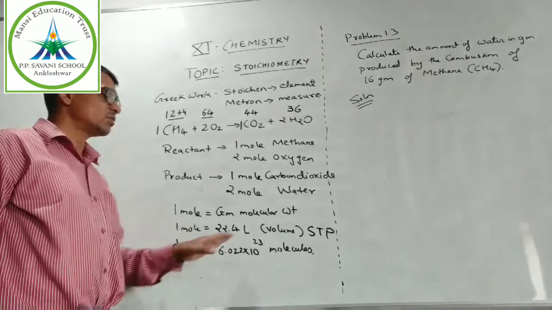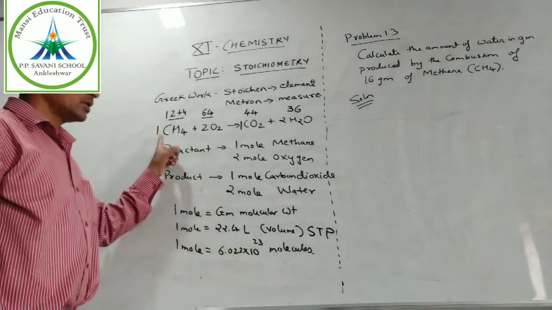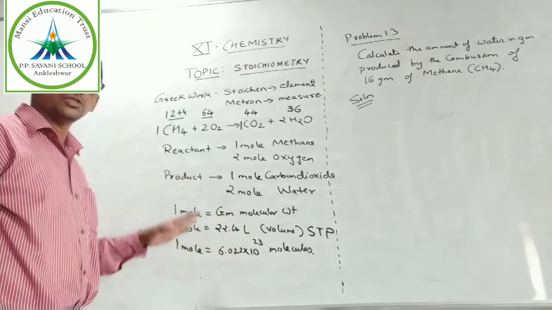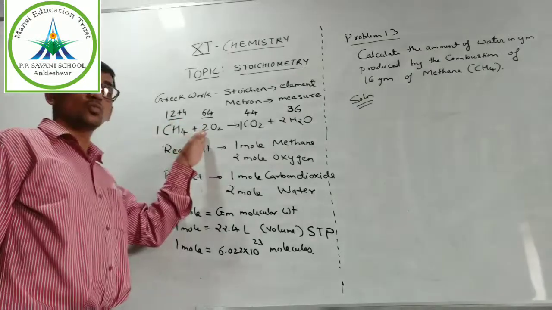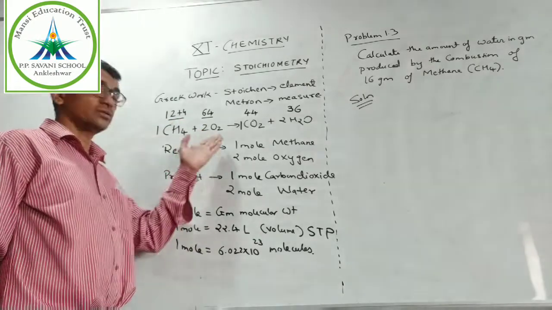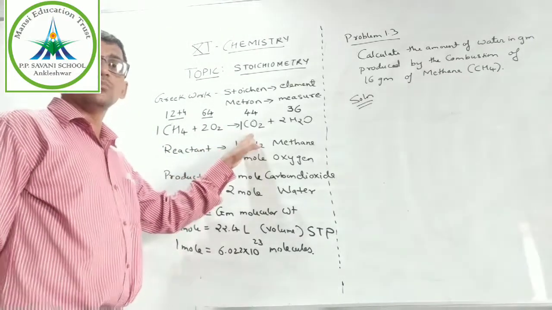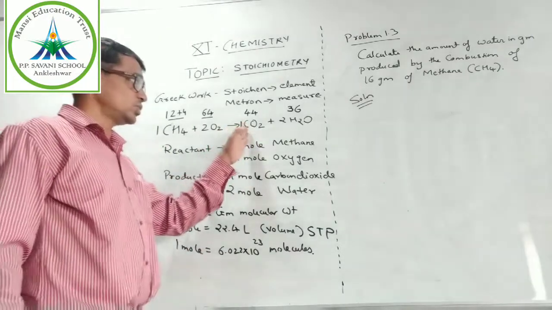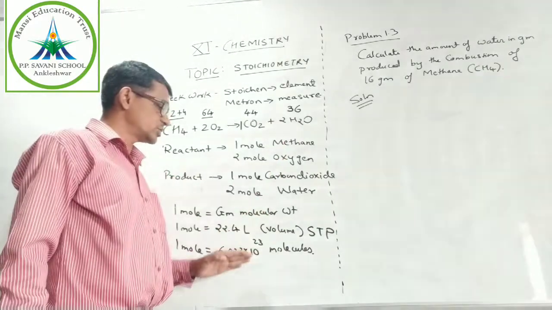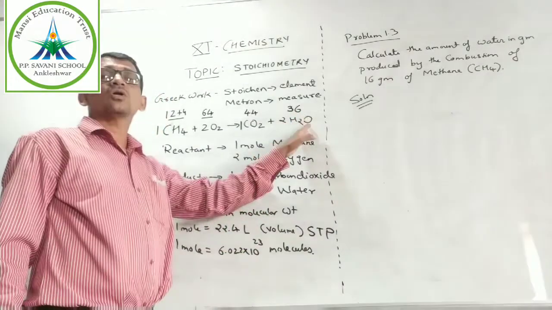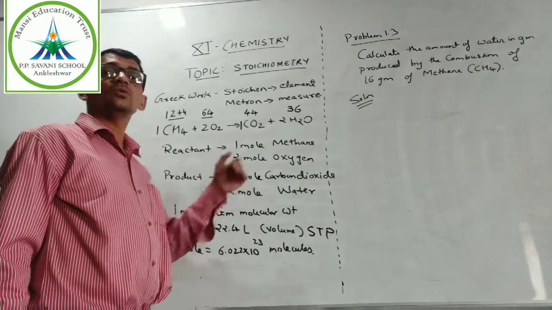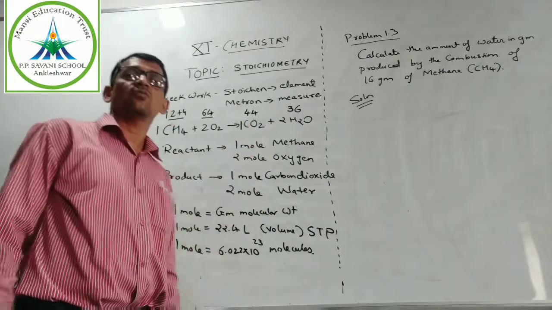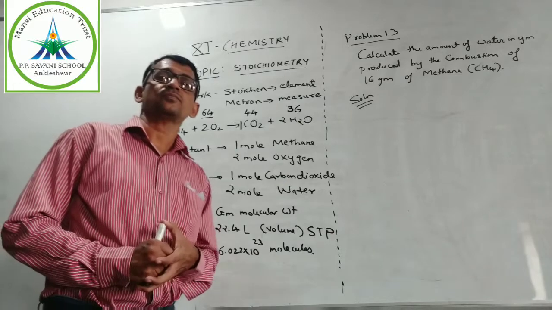So again, 1 mole of methane means this many molecules of methane, which react with 2 moles of oxygen, double that, to give 1 mole, Avogadro's number, of CO2 and 2 moles of water. 2 moles means Avogadro's number into 2 molecules of water will be produced.